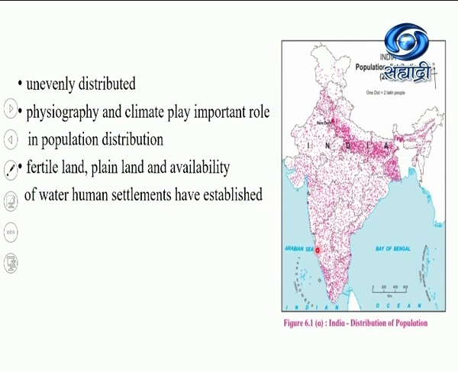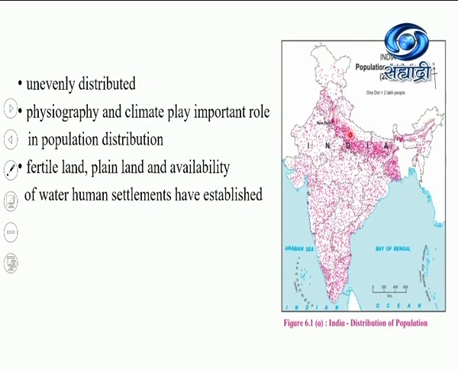Now when we talk about the plateau region, the population density becomes moderate. As the climate is moderate, people are distributed moderately in the Deccan region of India. So physiography and climate play a very important role in population distribution.